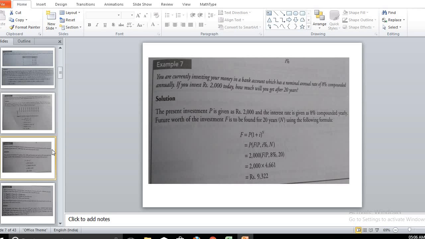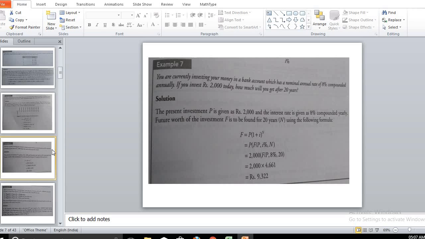At the second period this amount will again increase as P into (1 plus I) into (1 plus I). So this becomes P into (1 plus I) squared, and so on.